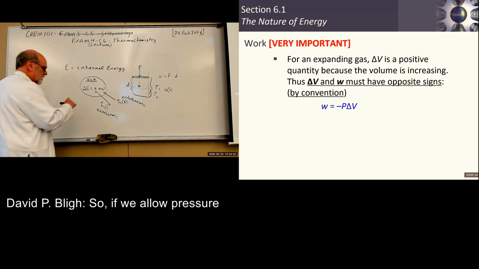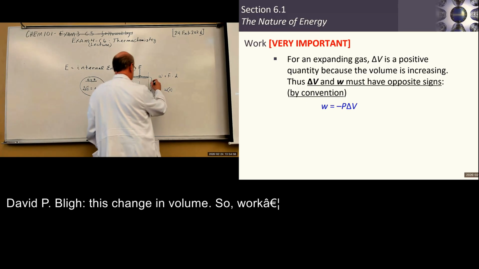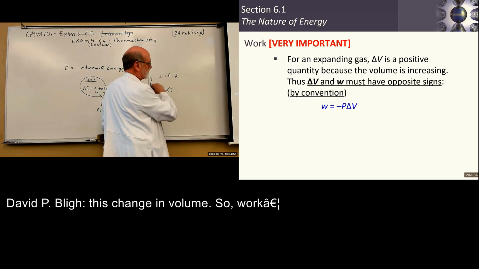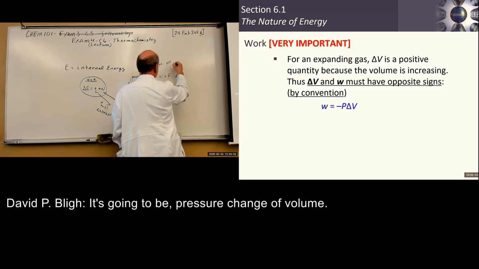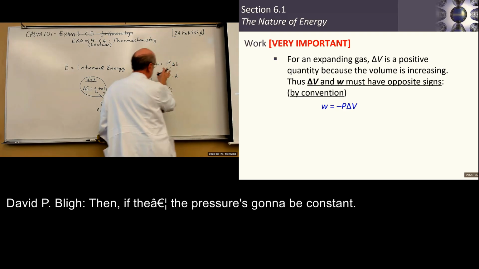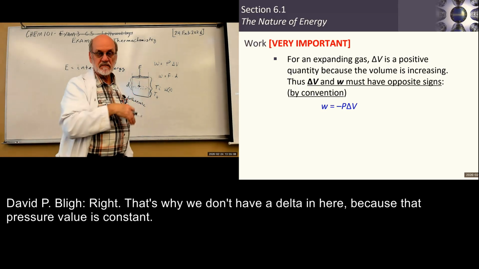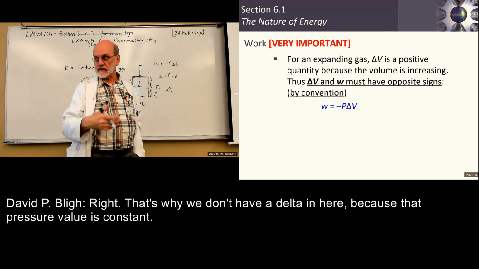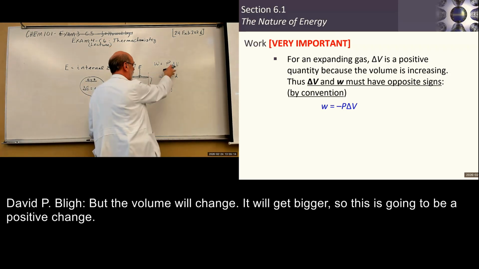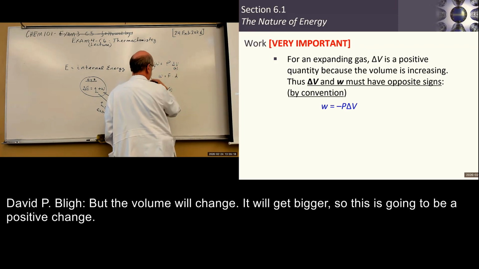So work is going to be pressure times change in volume, and the pressure is going to be constant. That's why we don't have a delta in here, because that pressure value is constant. But the volume will change. It will get bigger, so this is going to be a positive change.